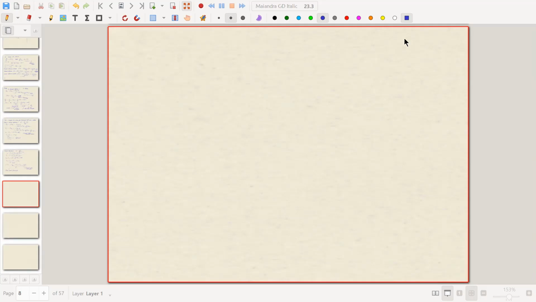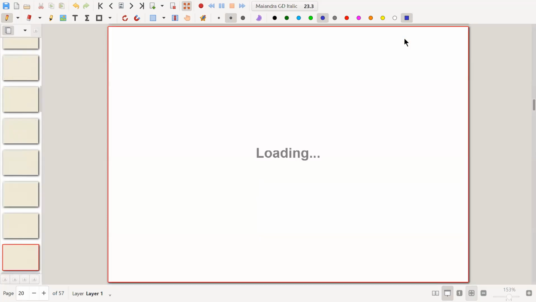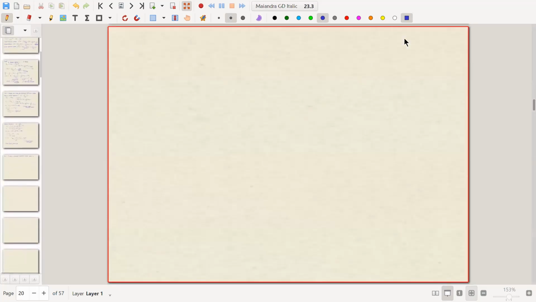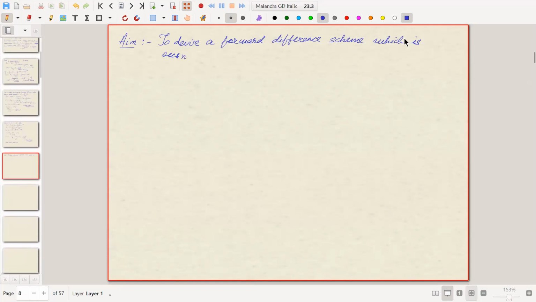So what is our aim? The aim is to devise a forward difference scheme which is second order accurate.